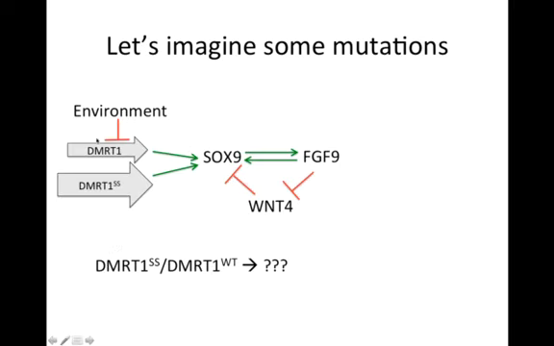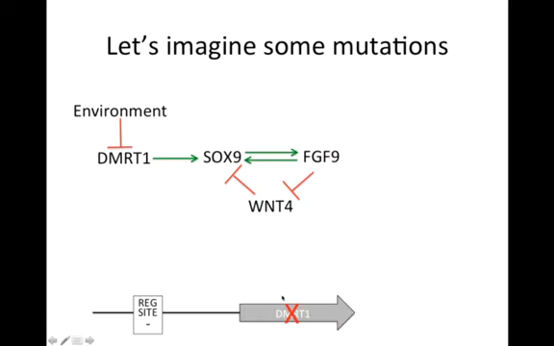Well, we said that this one is not going to be repressed by the environment, and so it's always going to be on. So this individual we expect to always be expressing DMRT1, which is going to lead to expression of SOX9 and FGF9 and little expression of Wnt4, which is to say that individuals that carry even one copy of this gene are expected to express the male regulatory program.